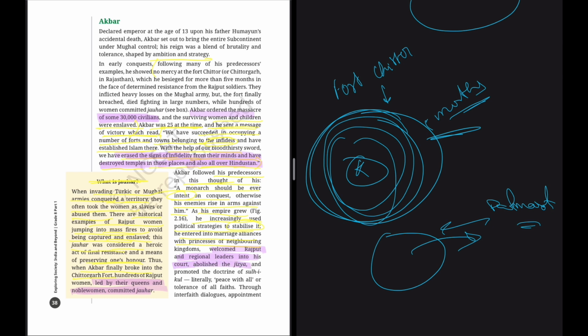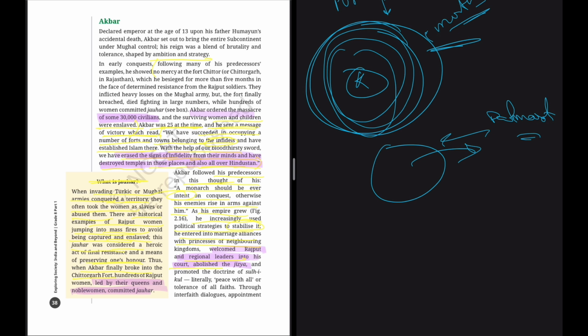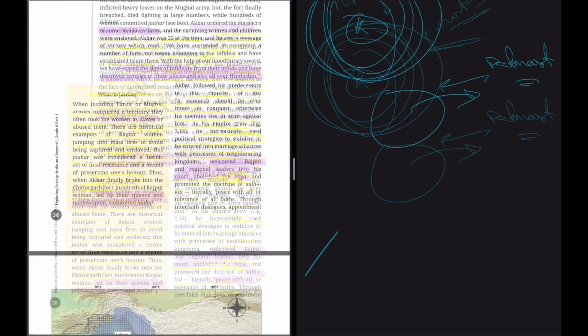So he was a perfect strategist, and therefore he made marriage alliances with the Rajput kingdoms, welcomed the Rajput and regional leaders into his court, and also abolished the jizya tax. We've already learned that it was the tax imposed on non-Muslims, and it promoted conversion to Islam. He also promoted the doctrine of sulh-e-kul, literally peace with all. So he promoted the idea of peace with all, or tolerance of all faiths.